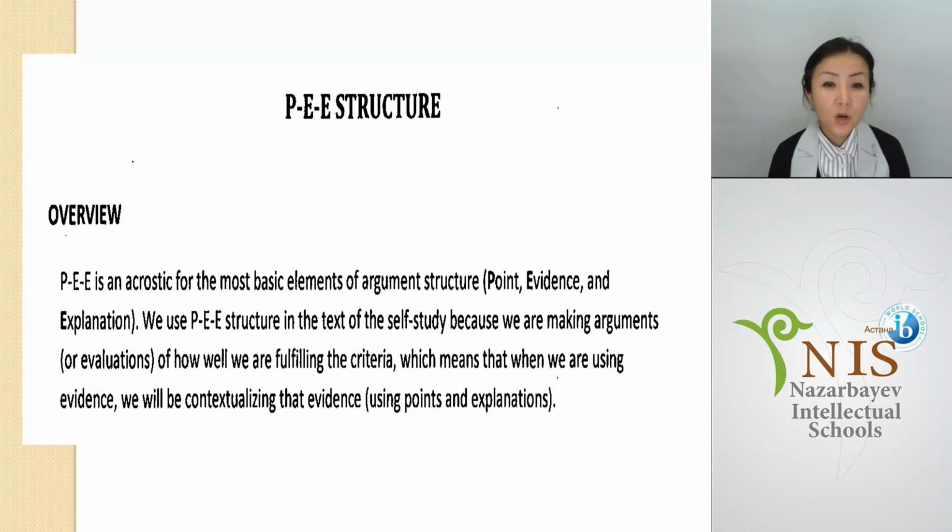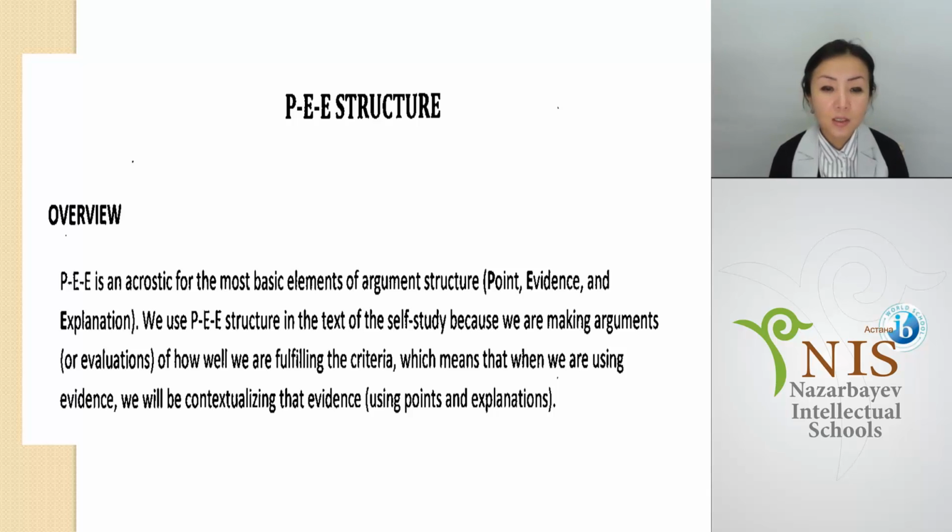So the PEE structure is the paragraph, evidence, and explanation structure. Overview of the PEE structure: PEE is an acrostic for the most basic elements of argument structure. This can be paragraph or point, evidence, and explanation.